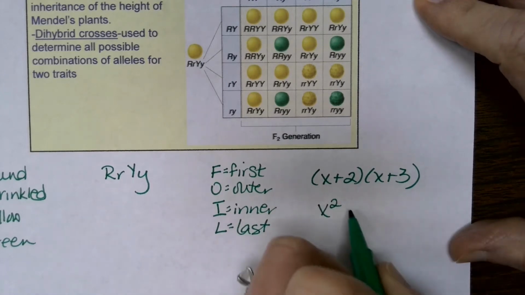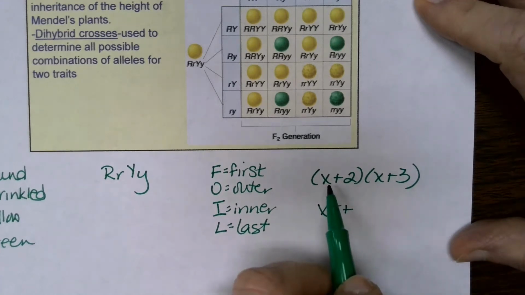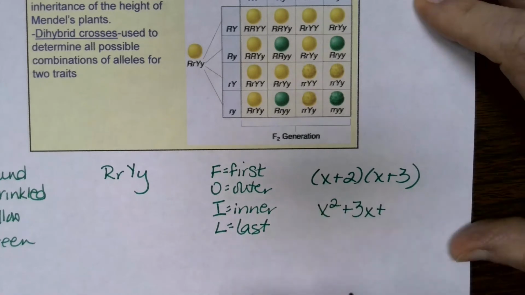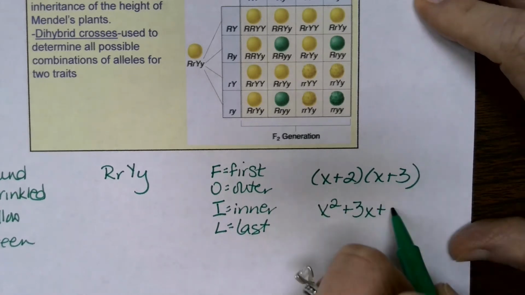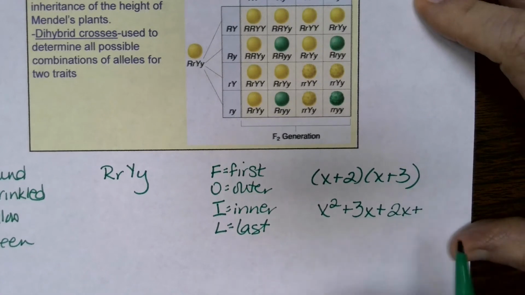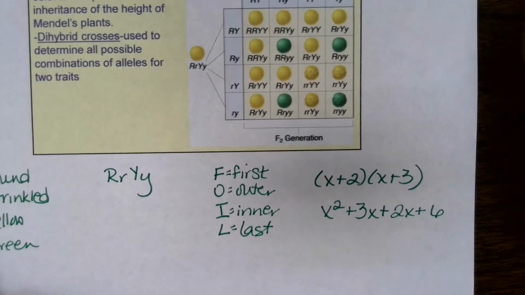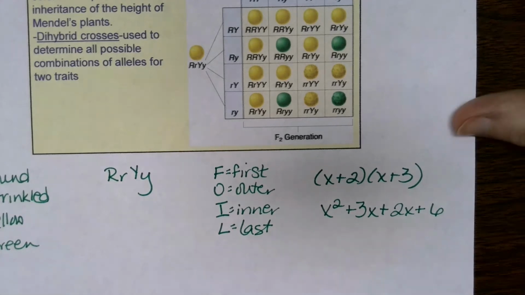You're going to then multiply your outer, your 3 times your x, and your inner, the 2 times the x, and then the last, 2 times 3 gives you 6. Now in math you would simplify this and you would get x squared plus 5x plus 6. We're not going to do that. We're going to say first, outer, inner, last, and leave it that way.